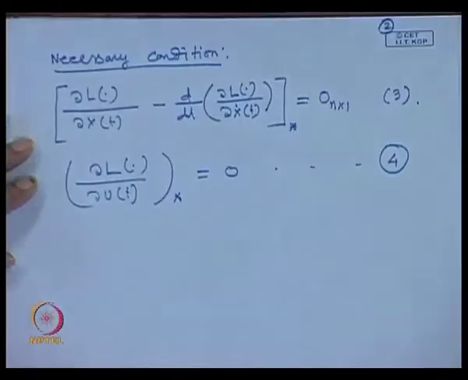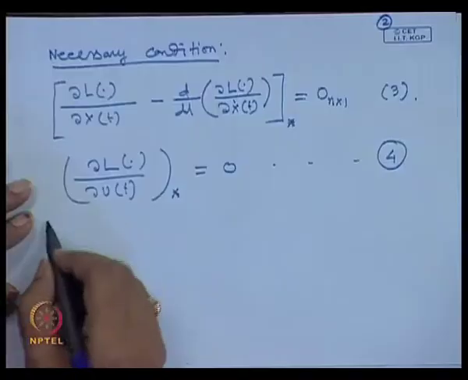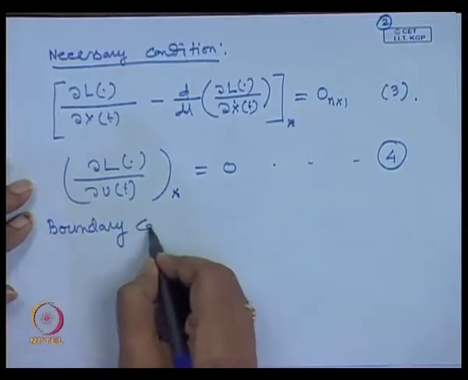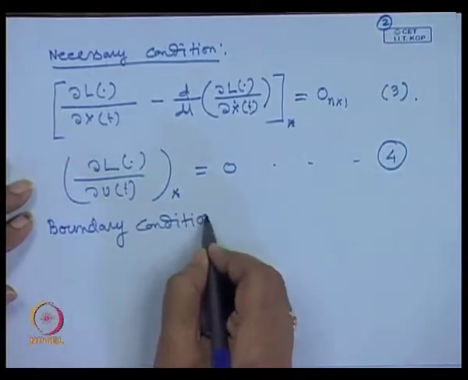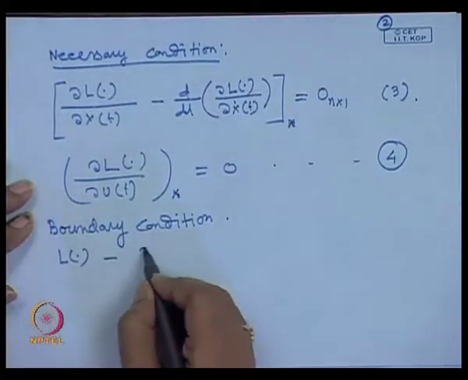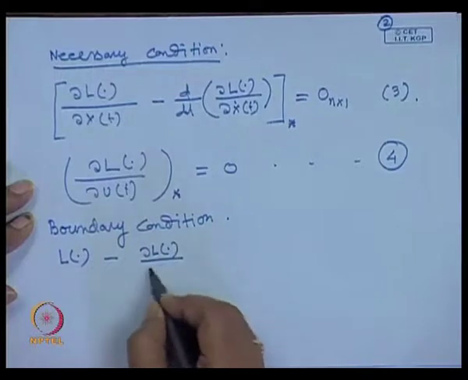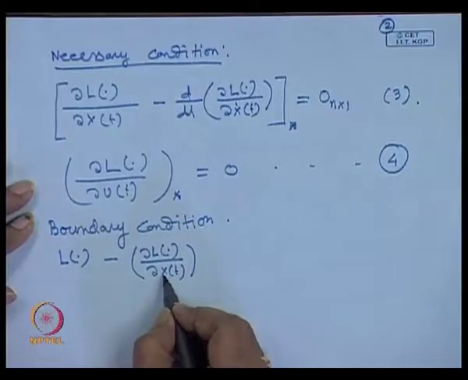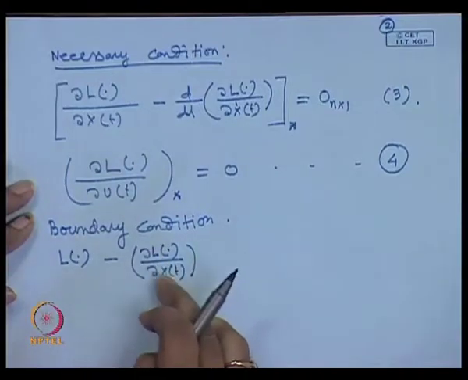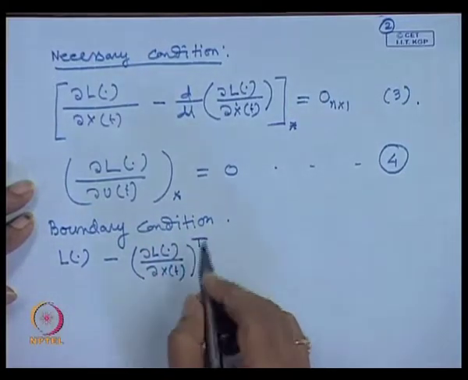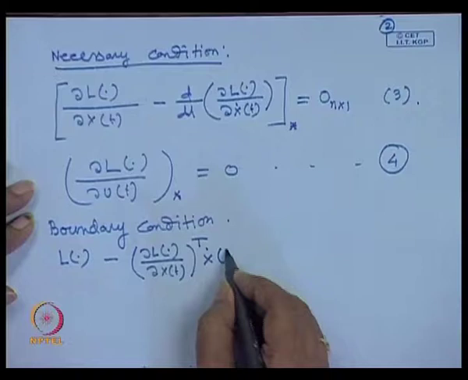And we have a boundary condition. That boundary condition, if you see, we obtain L, the Lagrangian function, minus del L with respect to x dot of t. Since x is a vector and L is a scalar quantity, that will be a column vector, so we have to take the transpose of that one and then multiply by x dot of t.